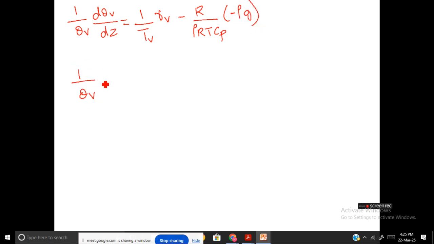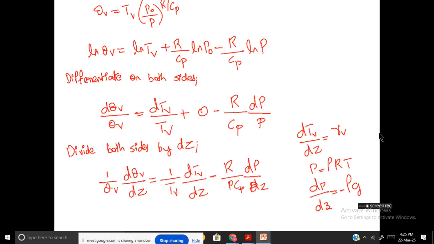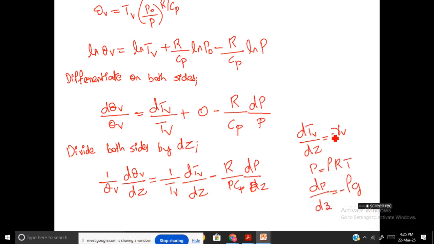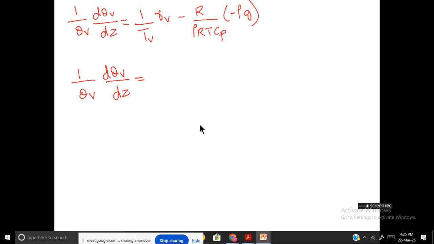Since dTv by dz will be negative, because the temperature will decrease as we move up in the atmosphere, dTv by dz will be minus gamma V. So it will be minus gamma V by Tv, minus R, and R will be gone, rho will be gone.